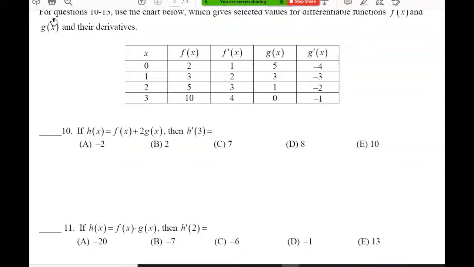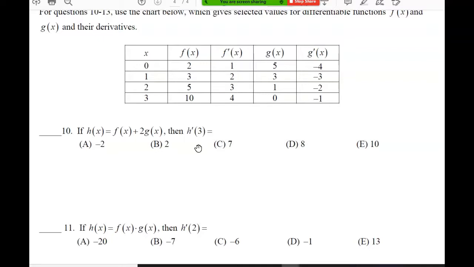For number 10, it says using this chart, if h of x equals f of x plus 2g of x, then find h prime of 3. Again, to find h prime of 3, you have to first find h prime of x. The derivative of that would be f prime of x plus 2 times g prime of x.